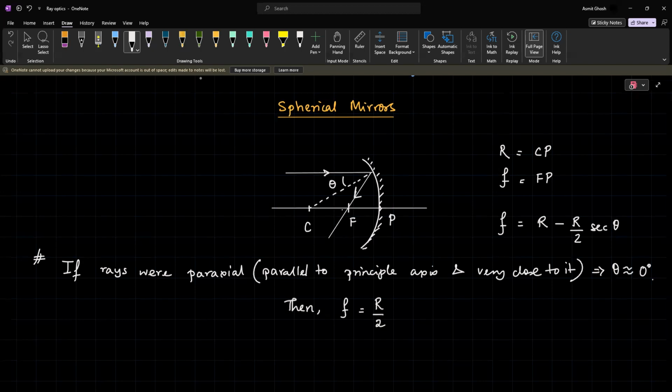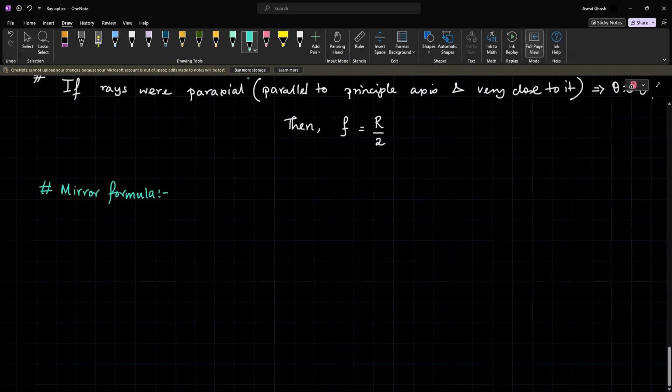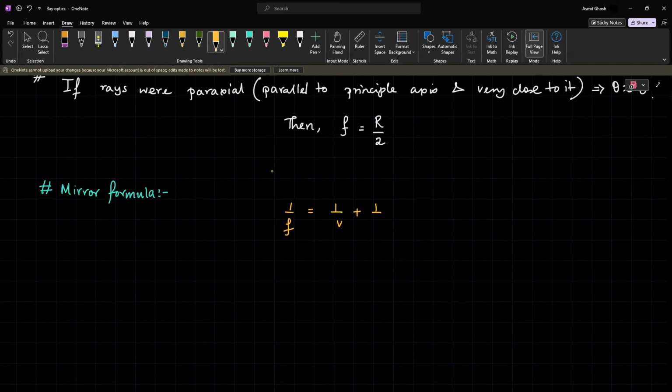We all know that the mirror formula is 1 by f is equal to 1 by v plus 1 by u.